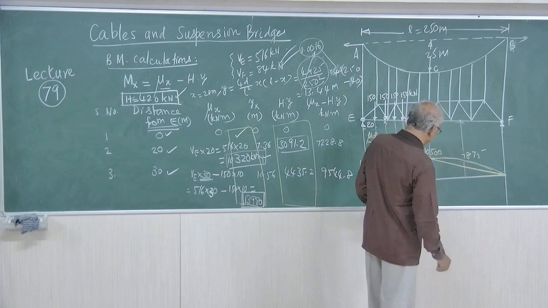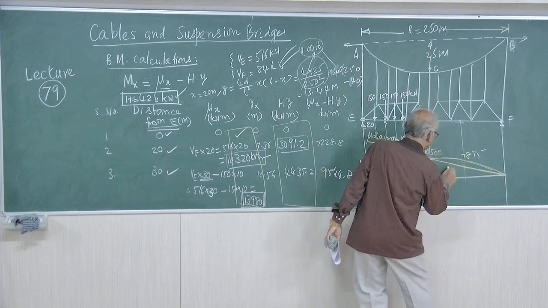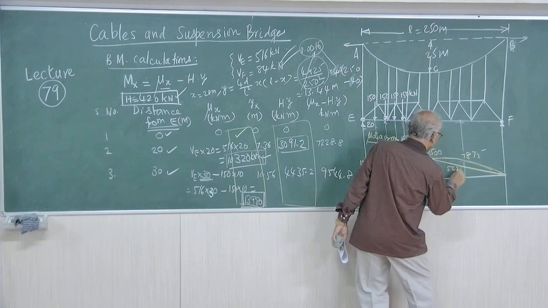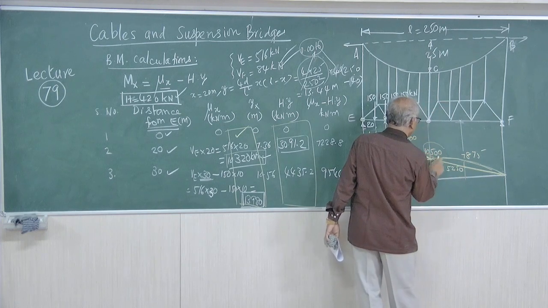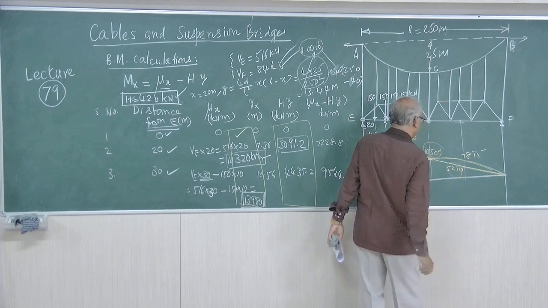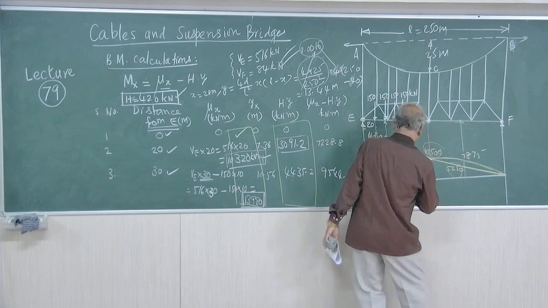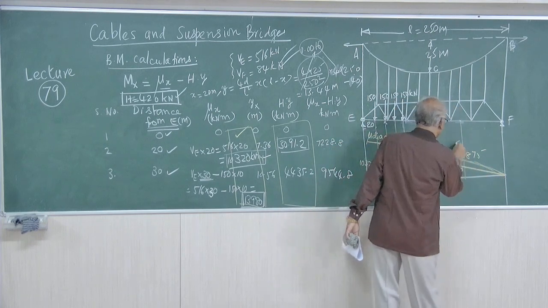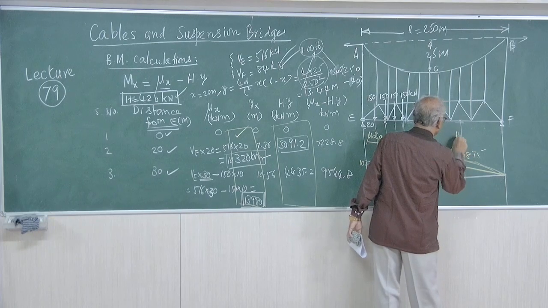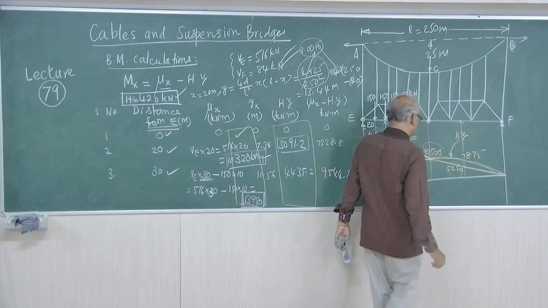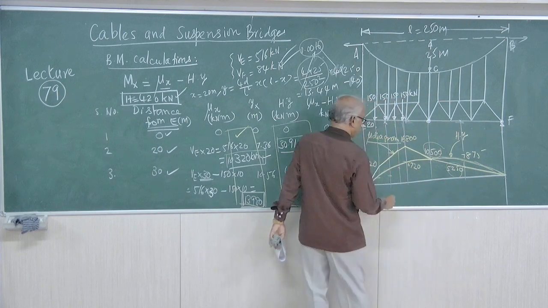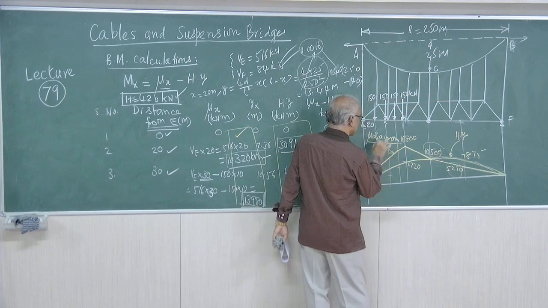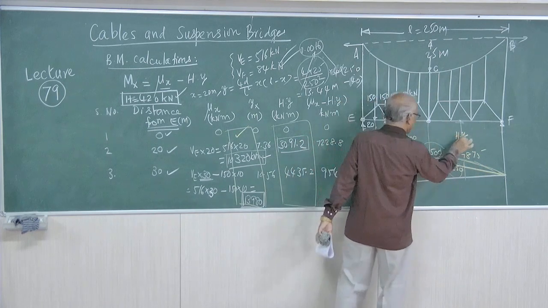The earlier value was 5250, that is 10,500 by 2, 5250. Now this curve, this diagram is for H into y. So now Mu x minus H into y.